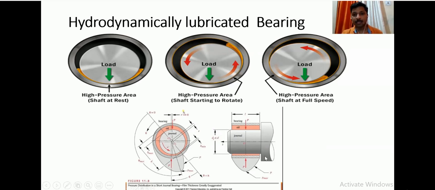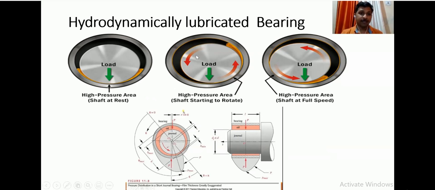What is the projected area of the bearing? If L is the length of the bearing and D is the diameter of the journal, then the projected area will be L into D. So one thing is pressure is important. Second, the lifting of the shaft or the development of the film is due to the viscosity of the lubricant oil, so the viscosity of the oil is equally important.